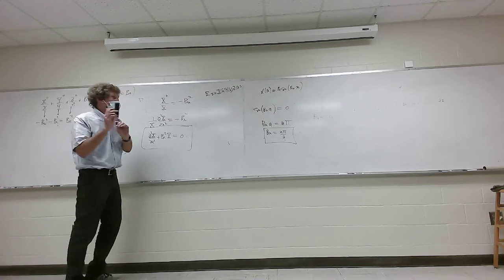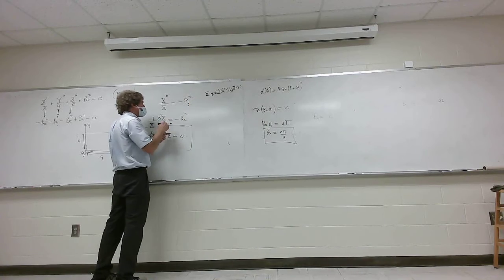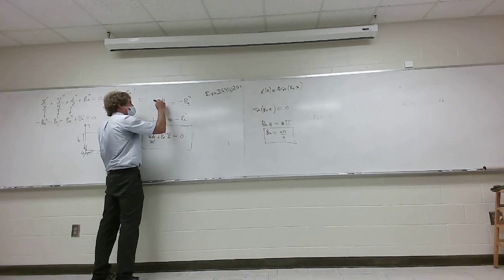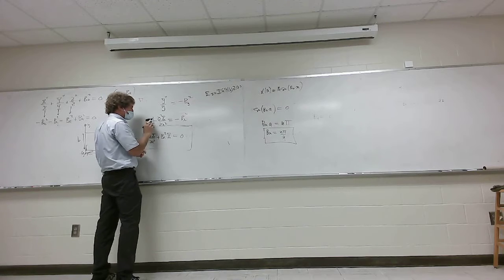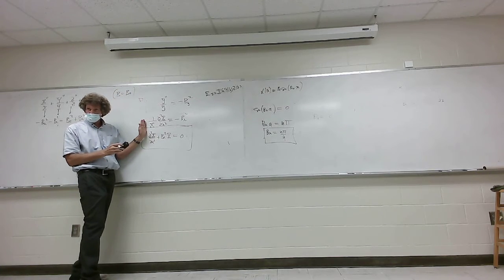Now I do the same thing, only now this becomes y, and these two become y double prime over y, and then basically it's going to be the same exact thing, only with y, right?